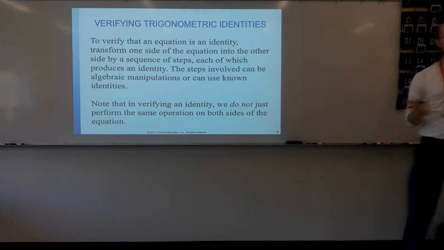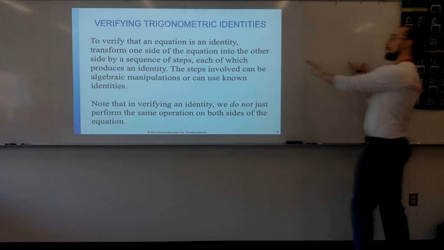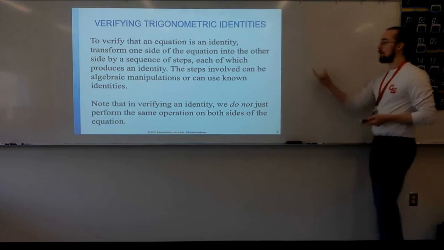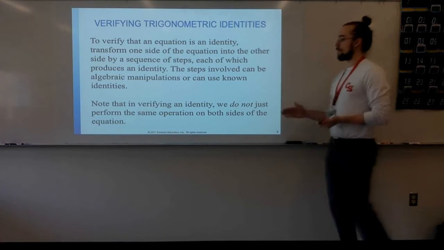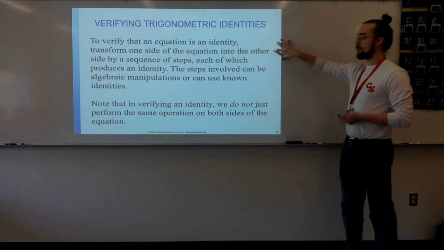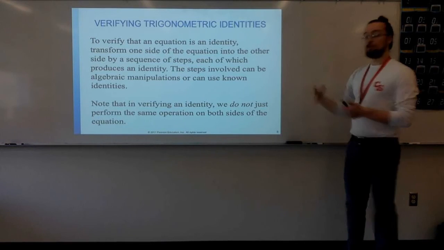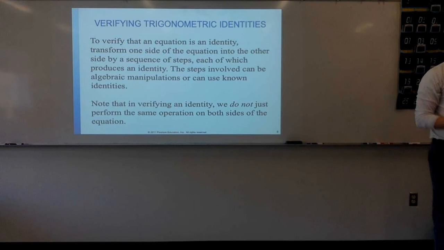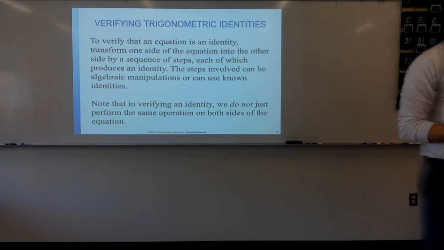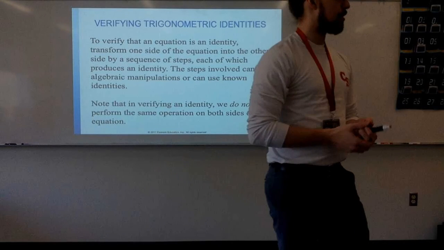It's not taking an equation and doing the same thing to both sides. Right? I'm not going to divide both sides of the equation by sine or something like that. I'm going to take one side of the equation and try to manipulate it using my identities until I get it to look like the right side of the equation. Yeah, you definitely did this in pre-calc.